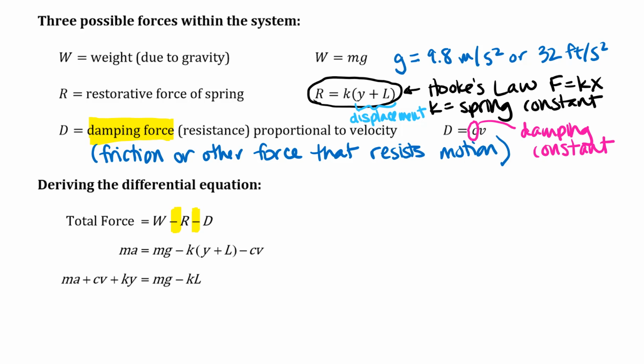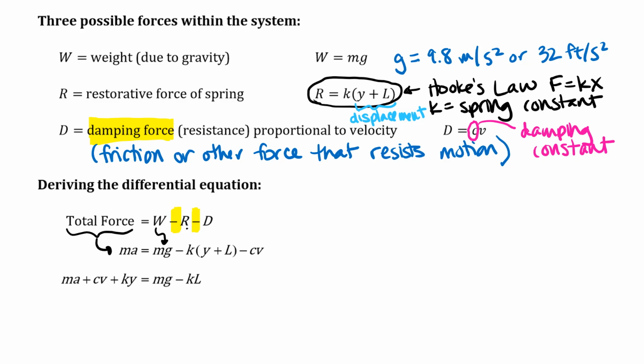All right, so in the next line, we've just rewritten each of those different terms. Force is mass times acceleration. That is just Newton's law. That's the total force on the system. We've got the weight due to gravity, so mass times g.